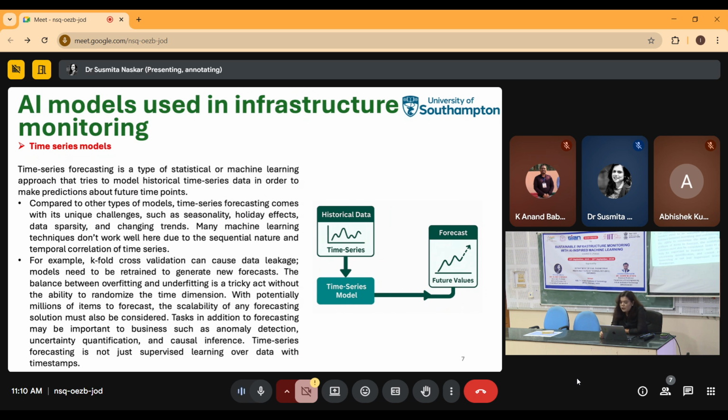Time series forecasting tries to model historical data points to predict future values, and this is crucial for infrastructure monitoring because many structural phenomena, such as vibration, load variation or temperature fluctuation, happen over a period of time and may follow some kind of pattern. That's the reason time series models are very important.